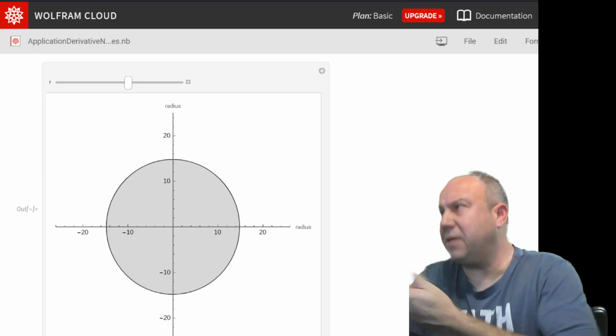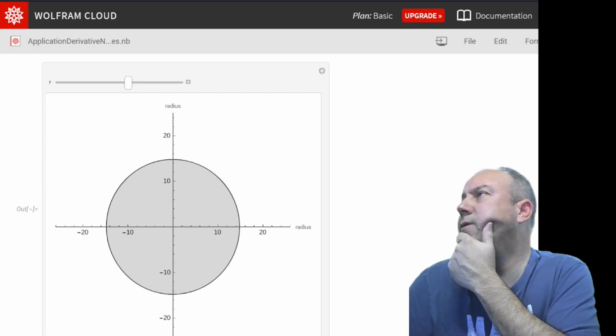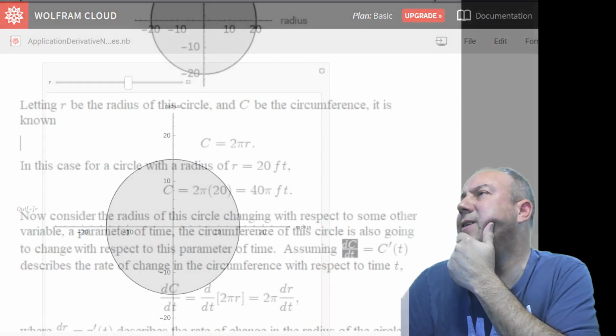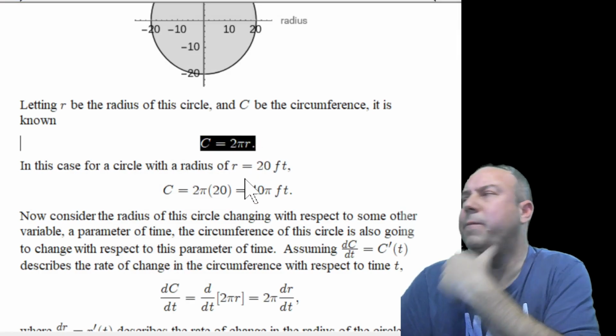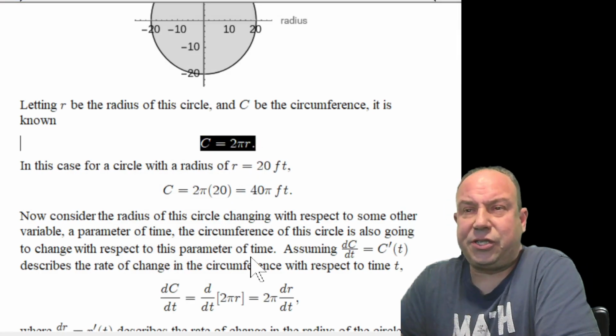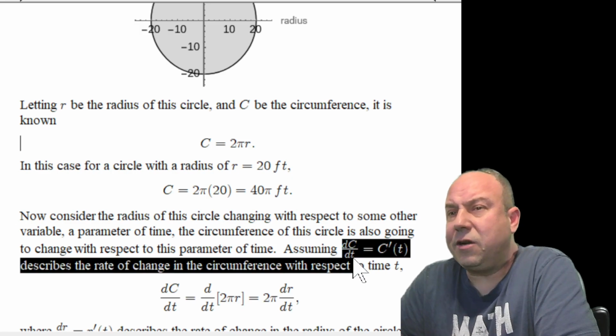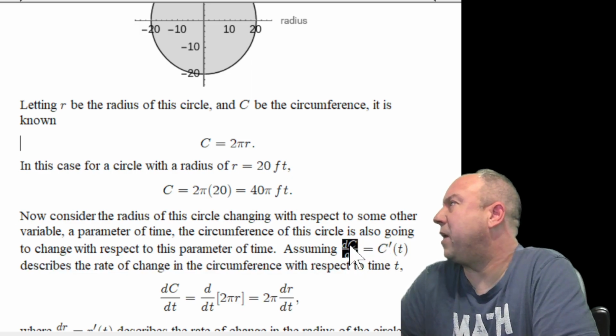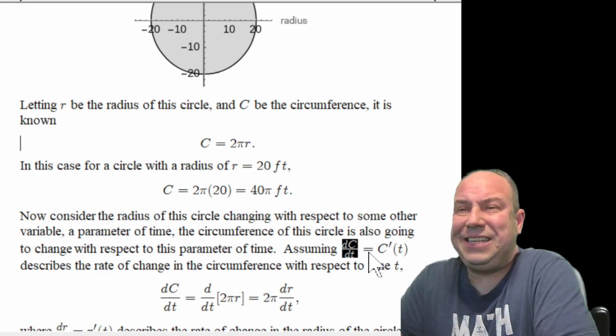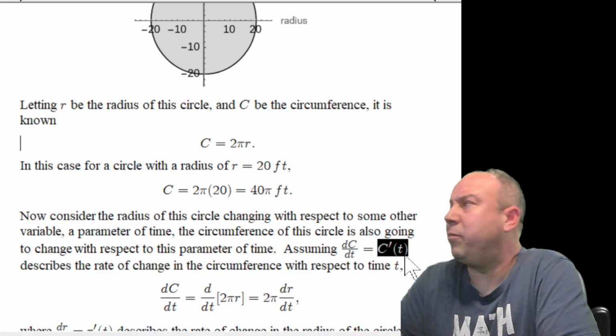Let me bring this back. So we're going to look here at this relationship, and we're going to consider allowing our circumference to change with respect to time. We might think of that as dC/dt, or this value C prime of t.